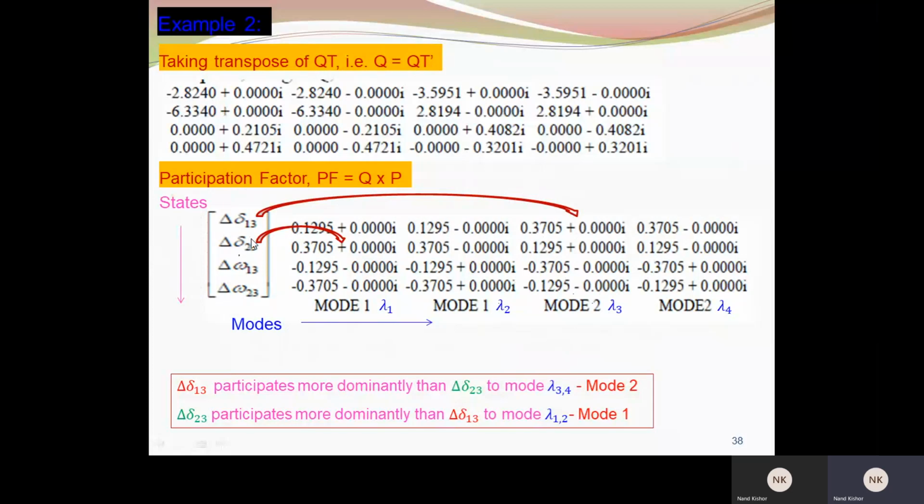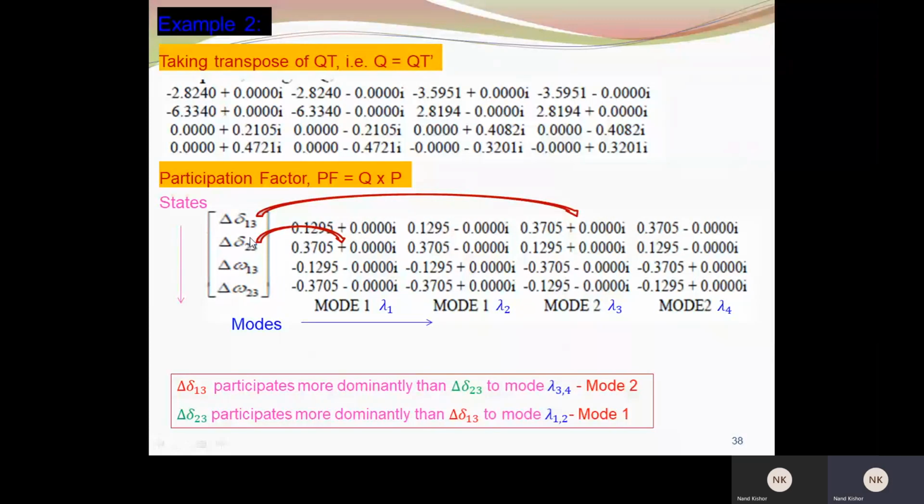So we find that this state variable will participate dominantly in mode 1, because for lambda 3 and 4 the values are comparatively lower. And as such, delta 1 3 participates dominantly in mode 2 as compared to delta 2 3.